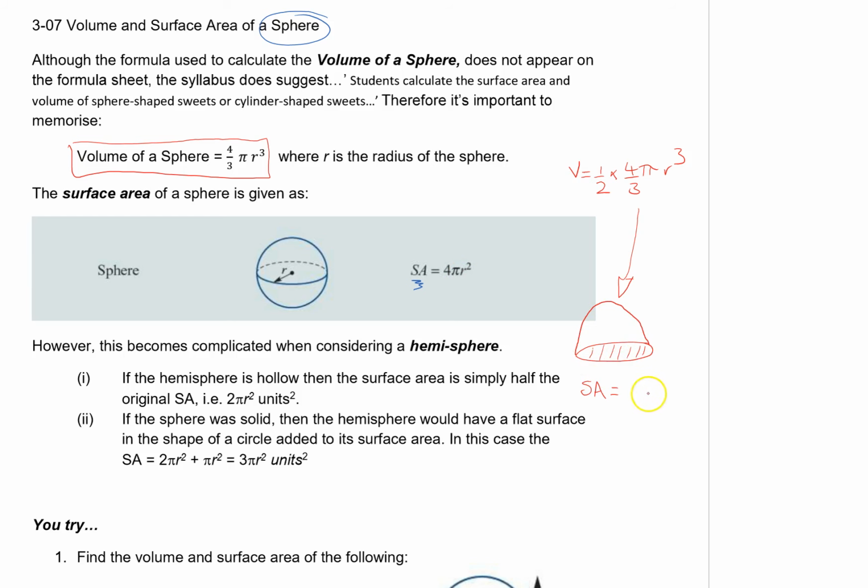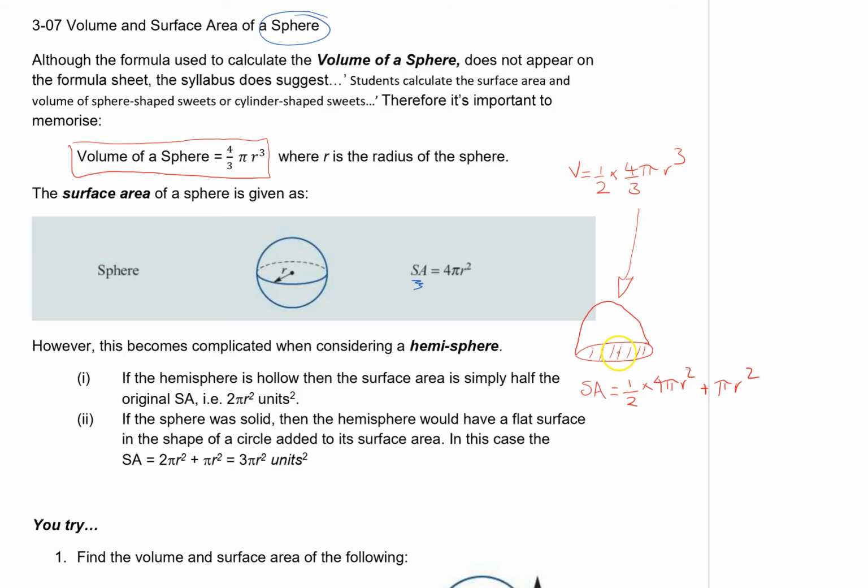And sure, you've only got half of that, so it's a half times 4 pi r squared. But like I just said, you've created another surface, which is a circle, so you need to add a pi r squared to that. So just be aware of that.